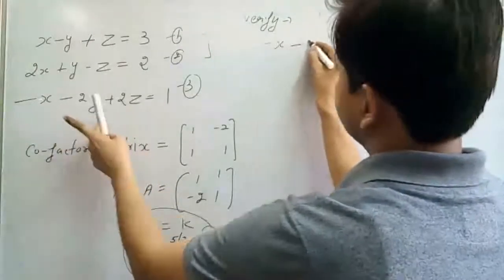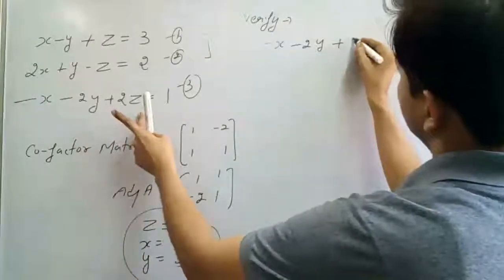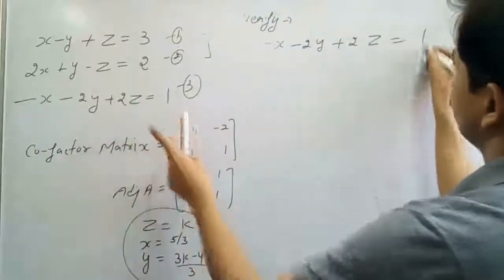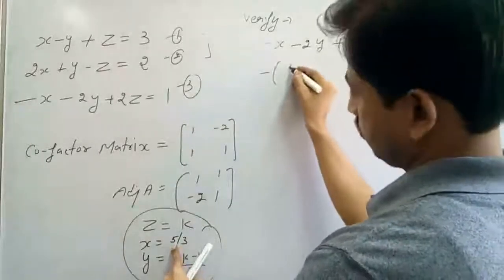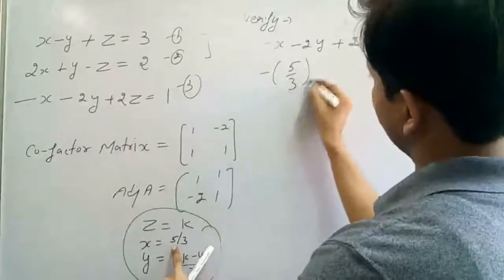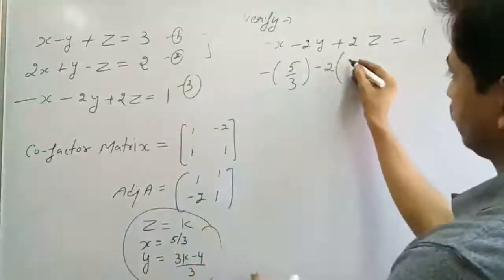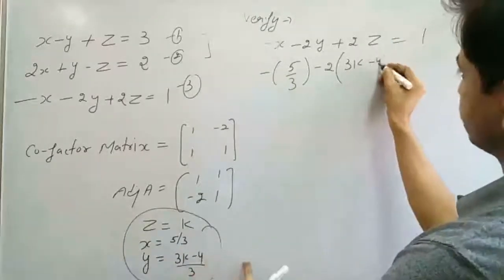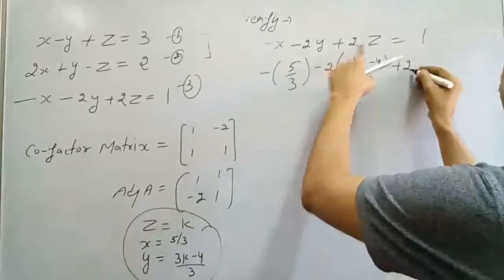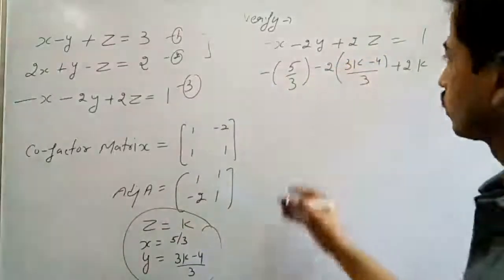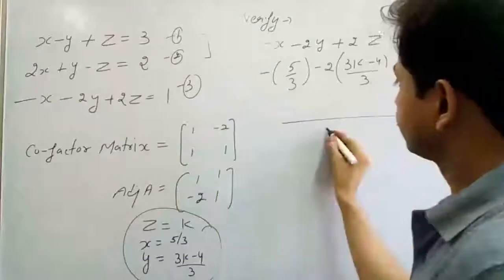Minus X minus 2Y plus 2Z is equal to 1. Now the value of X is 5 by 3, minus 2 into Y, 3K minus 4 divided by 3, plus 2 into Z, which is K. Now we have to solve. What LCM do we get? 3.